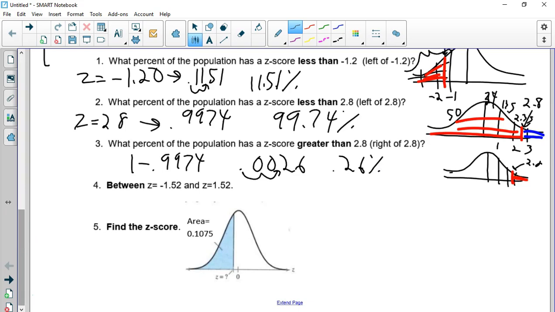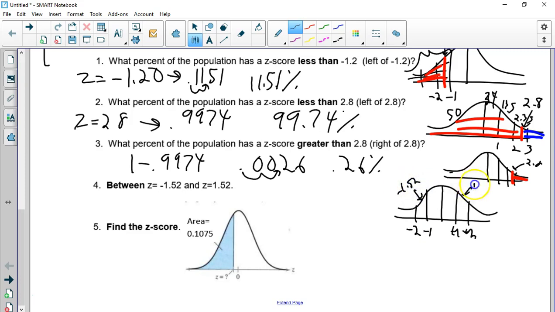Now, between -1.52 and 1.52. Okay, now in this case, it always helps again to draw. Pretty bad, but we'll work with it. So here's 1, here's 2, okay, +1, +2, -1, -2. Now, we're talking about -1.52, right about there, and +1.52.